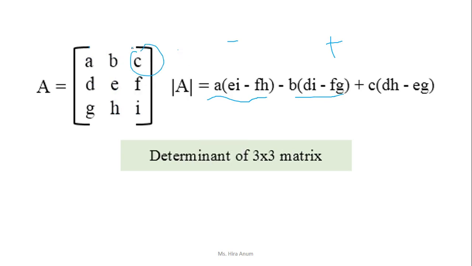C, ignore this row and column. D multiplied with H minus G multiplied with E, like this.